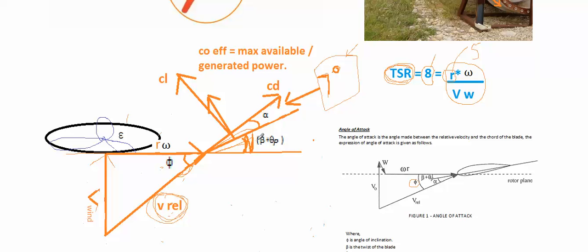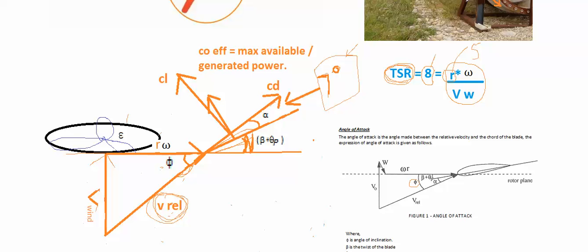The reason is, now imagine in the last video we were discussing an element which has a tip speed ratio of 8 right over here. This element has the tip speed ratio of 8. But what will happen if the velocity of wind changes? So it's very clear that if the velocity of wind changes, the tip speed ratio has to change.